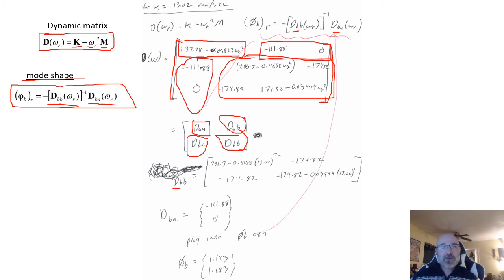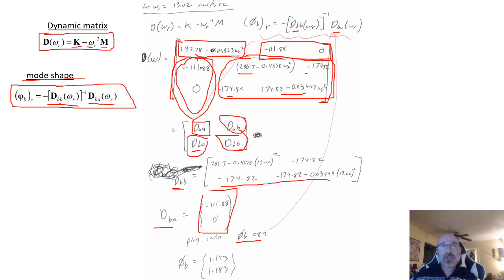Our DBB, when we plug in, is these four terms, this, this, this, and this. So there's our 2x2 matrix for our DBB. Our DBA is this right here, so we have negative 111.88 and 0. We can plug this back up into our mode shape equation.